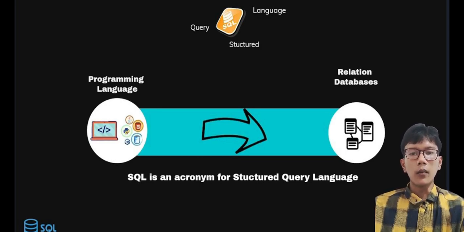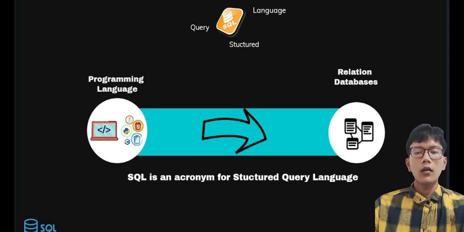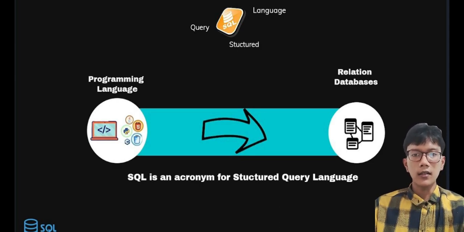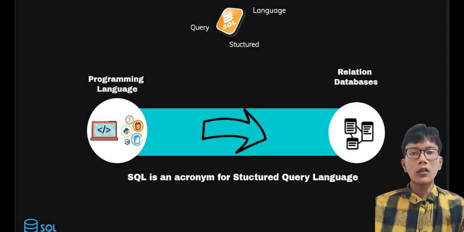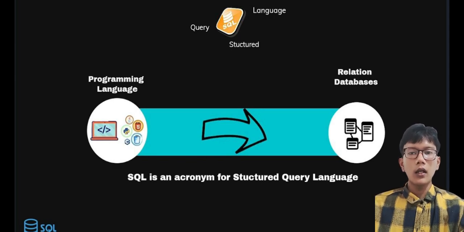Each column in a table corresponds to a category of data, for example, customer name or address, while each row contains a data value for the intersecting column.